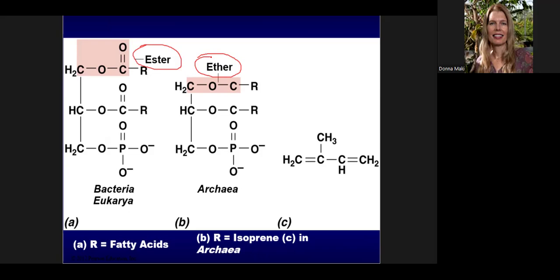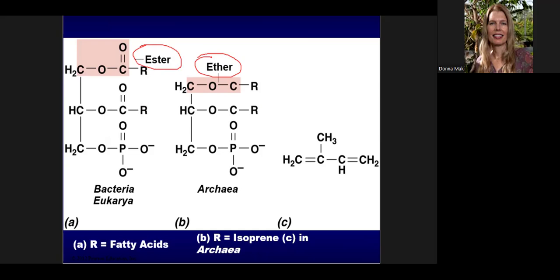And I know that sounds like a picky detail, but it seems to be a fairly standard thing that we see going on, where if you look at bacterial membranes and eukaryotic membranes, we have ester linkages showing up. But if you look in the prokaryotic cells that belong to the domain archaea, they tend to have an ether.